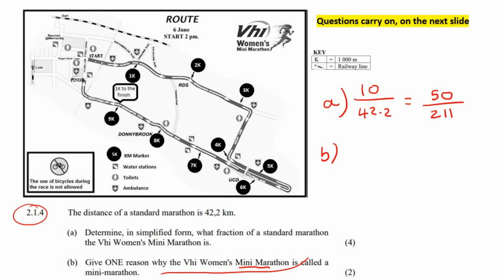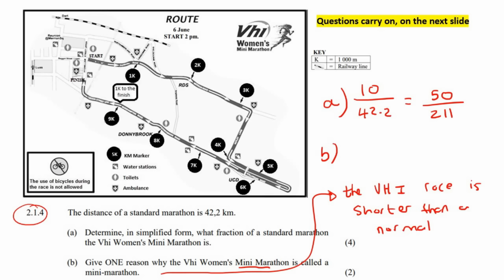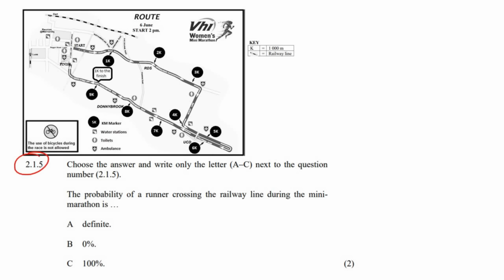So we can just say something here like the VHI race is shorter than a normal marathon.